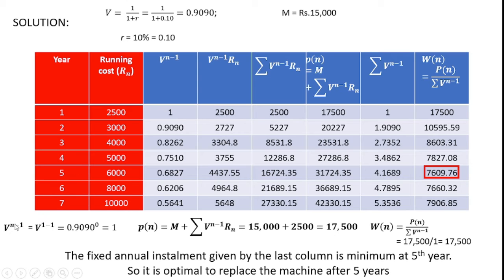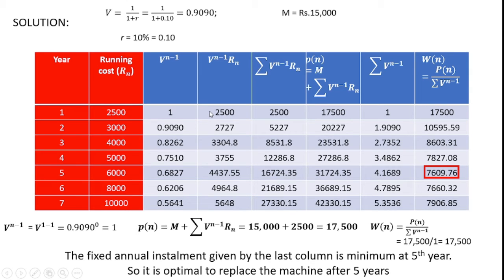After that, the power value n, I replace with 2, because for the second year it is v power 2 minus 1, so I got 0.9090 power 1, which is equal to 0.9090.